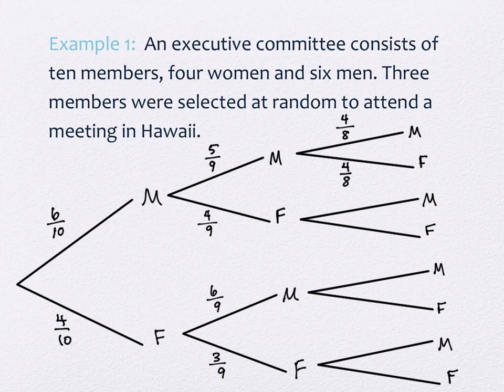Okay, how about the second set of branches? So along this set of branches, and I'm going to highlight, I've drawn out 1 male and 1 female. Does everybody see that okay? All right, so then how many men's names are still in the basket? 5. We started with 6. We drew out 1, so we're left with 5. So we have 5 out of 8. How many women's names are still in there? 3 out of 8.